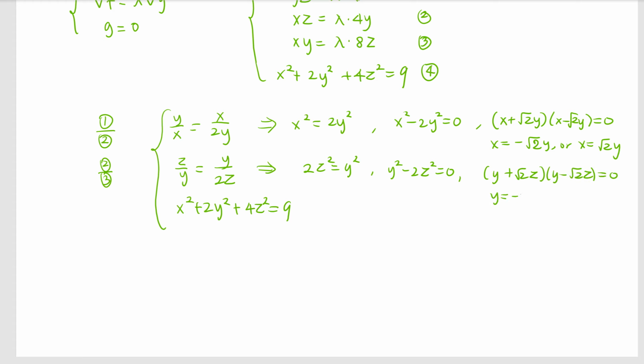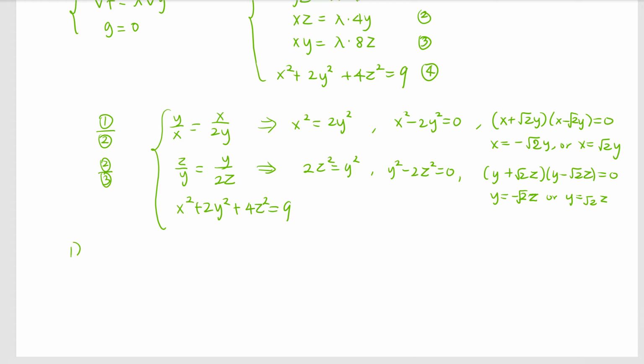So y equals minus square root of 2 z, or y equals square root of 2 z. Okay, so far so good, everybody. Because each equation gives us 2 subcases, now we actually have 4 possibilities. Okay, so what are those 4 possibilities?